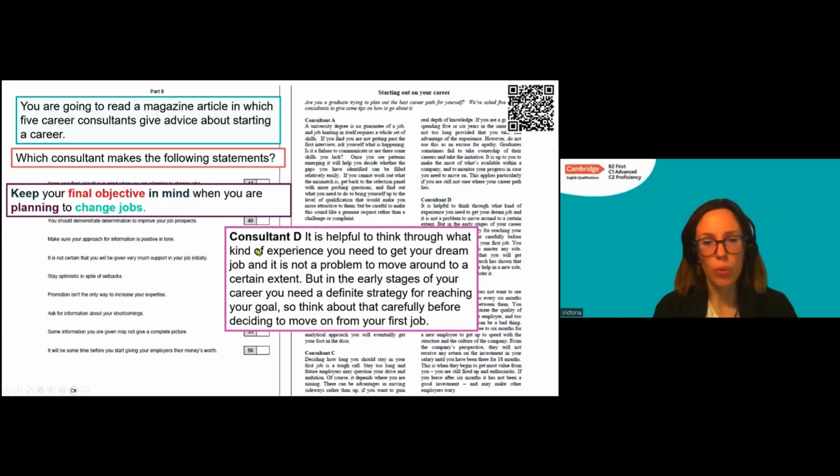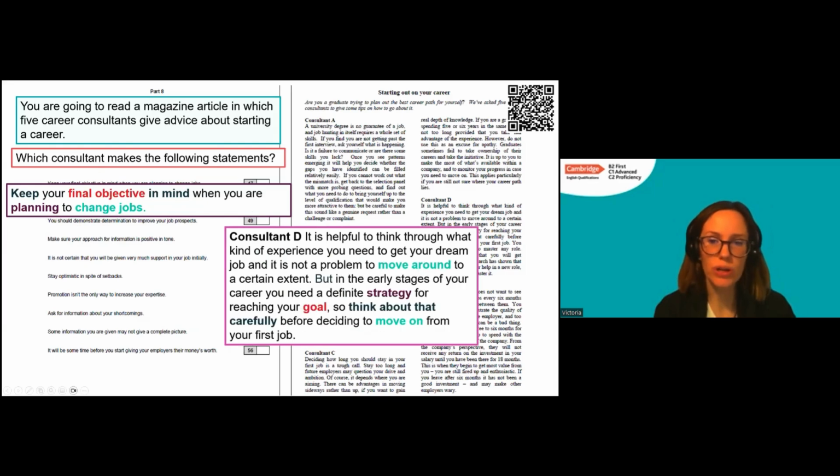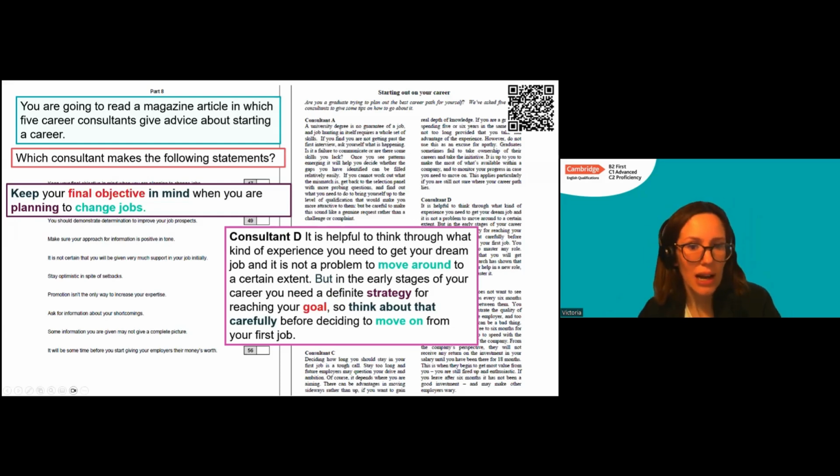So we read the text and we find that move around, move on are ways of referring to changing jobs. Goal is very close in meaning to final objective. Think about, keep in mind, plan, strategy. Okay, so as you can see, the meaning is there. The words are not the same, so definitely we are looking at expressing the same idea in a different way.